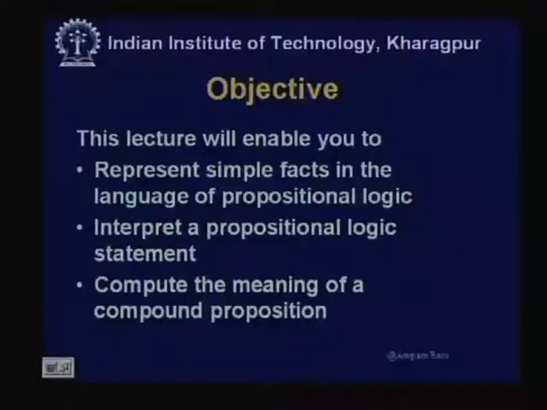And thirdly, we will be able to compute the meaning of a compound proposition. So, a compound proposition is essentially a particular way of collecting a number of single propositions and joining them together, and that forms a compound proposition.